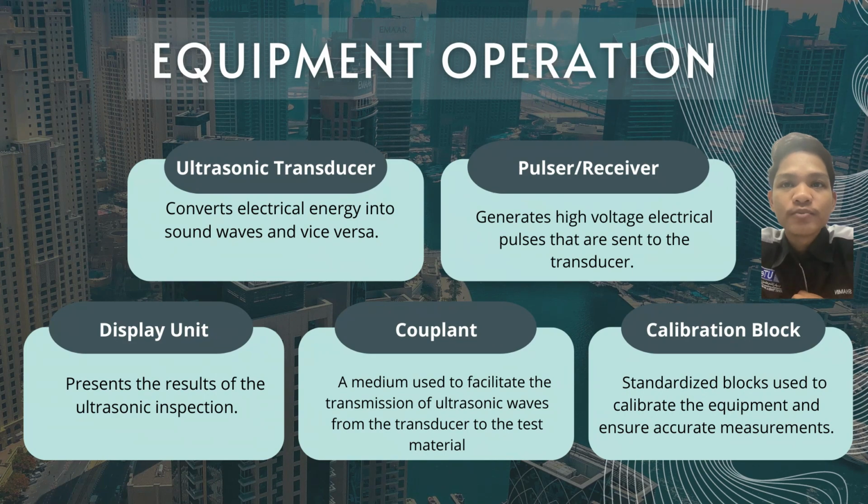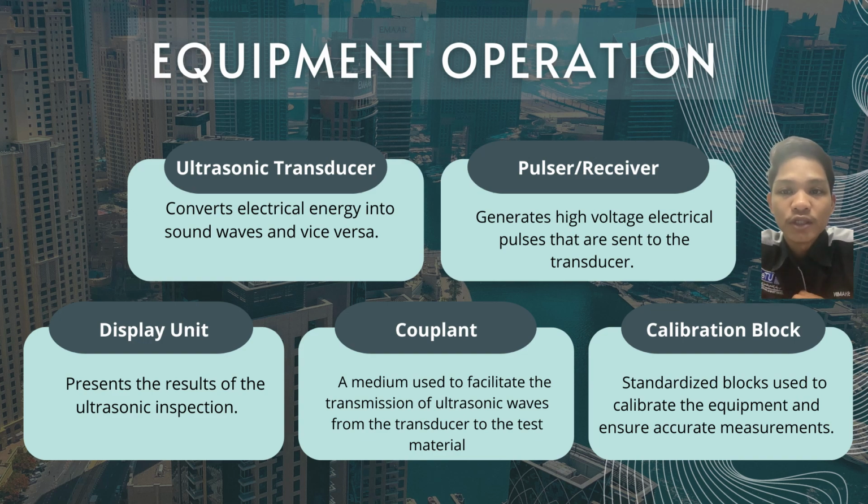Next, I will explain about equipment operation. We have 5 equipment for ultrasonic testing. Firstly, ultrasonic transducer to convert electrical energy into sound waves and vice versa. Secondly, pulser or receiver, generates high voltage electrical pulses that are sent to the transducer.